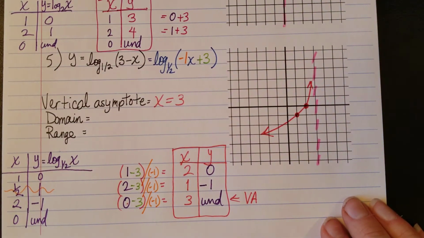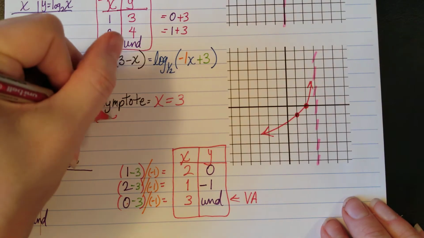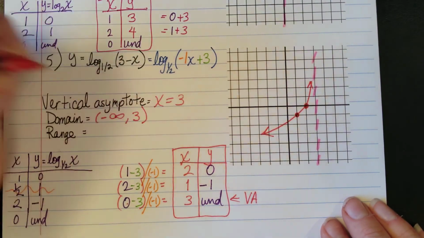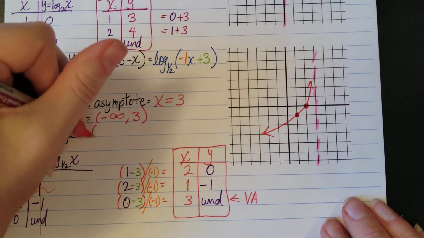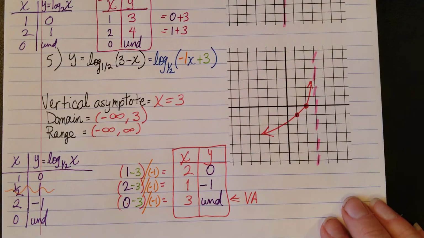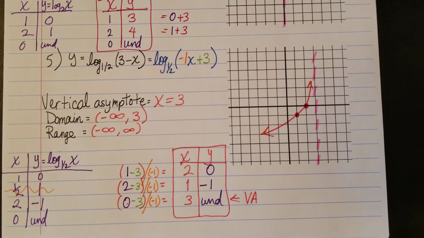So now by looking at the graph, we can see that the domain is actually -infinity until 3, parenthesis. And then the range is still all real numbers.